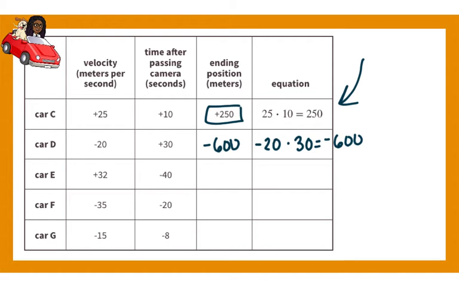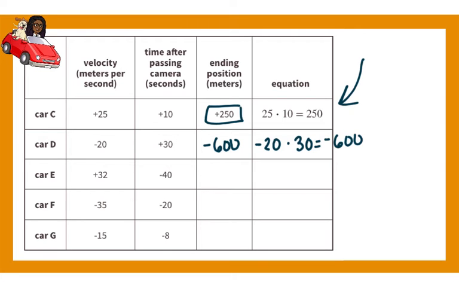Let's look at the next one. We have car E, who's traveling 32 meters per second and negative 40 seconds have passed. Now, what does that mean? If the seconds are negative, really, what does that even mean? Well, if you said that it's 40 seconds before we reach the camera, then you're 100% correct. The fact that we're traveling 32 meters per second and that number is positive lets us know that we're traveling to the east.